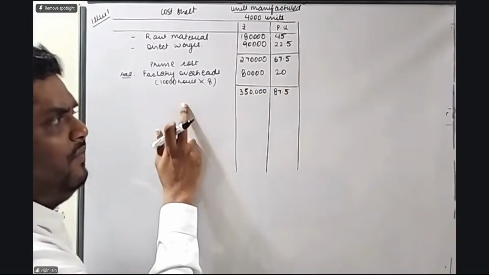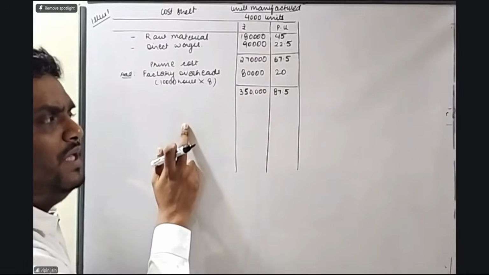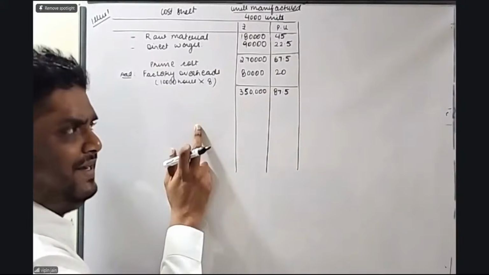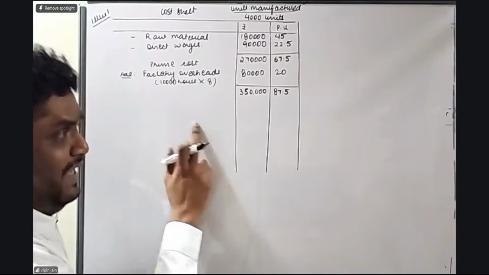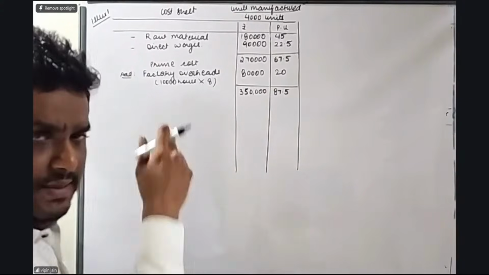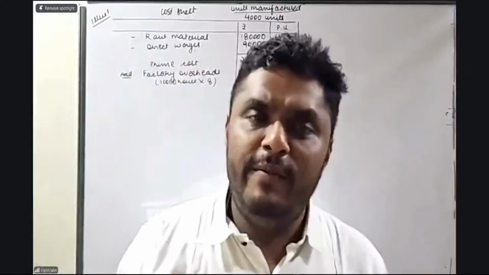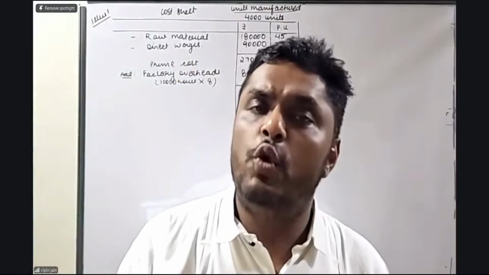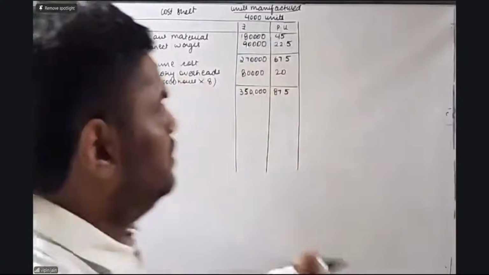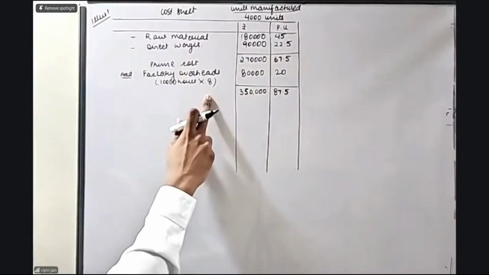After this, we will make adjustments of opening and closing work in progress. We will get factory cost or work cost. But since no information is given in this question as regards opening and closing work in progress, this will be my factory cost or work cost.